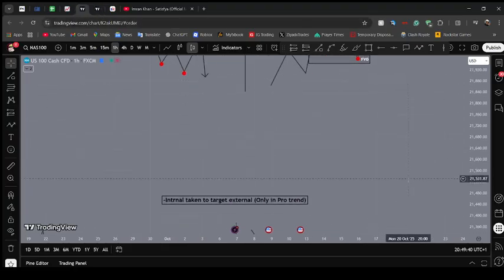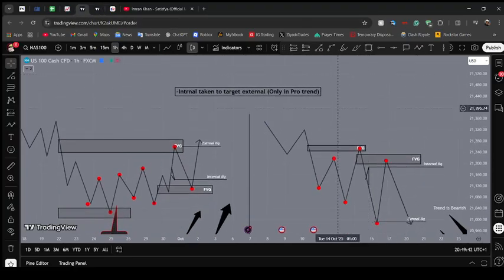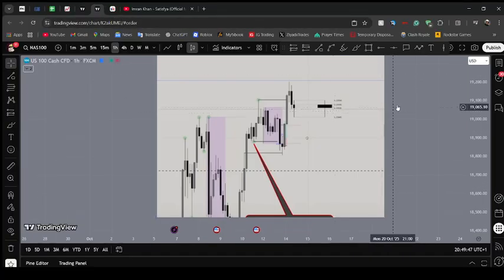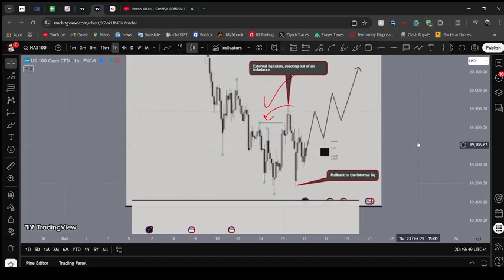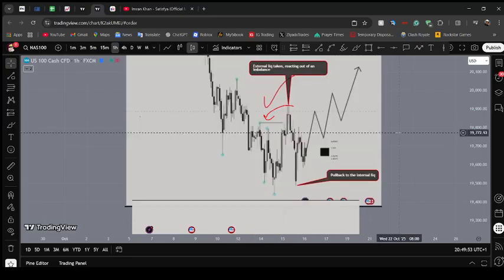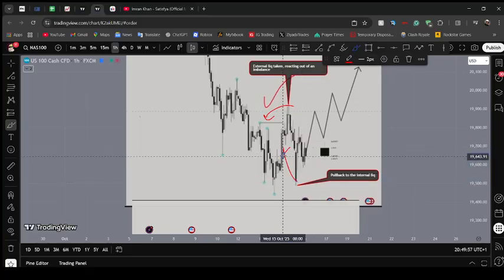And last one is internal taken to target an external, only in a pro trend. So this one, I can't necessarily confirm that it went higher, but let's just say it did. So after, let's say, this low sweep in this external, and let's say over here you have such high probability and we're bullish.